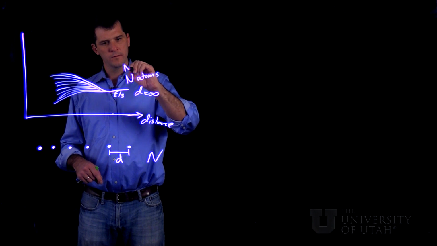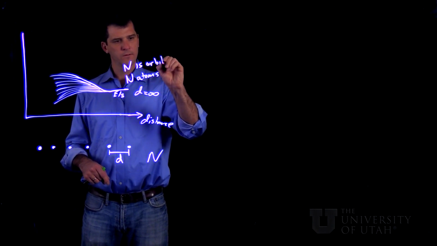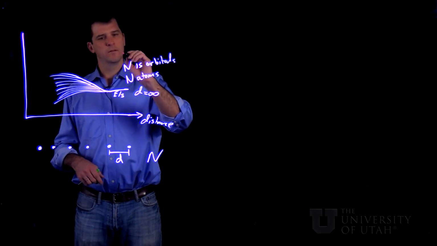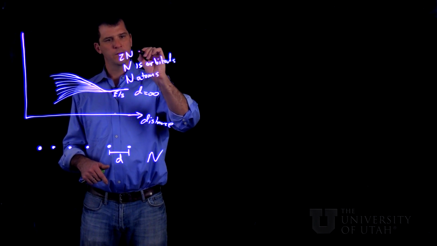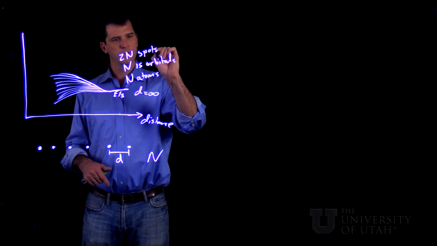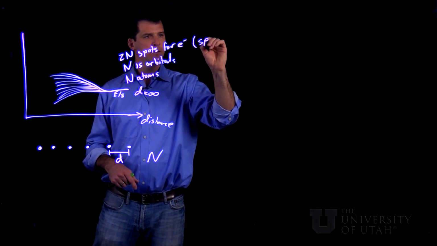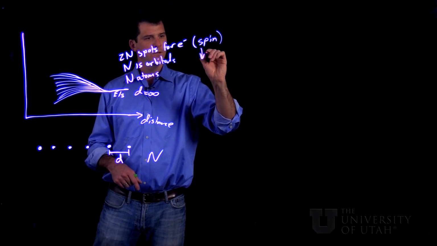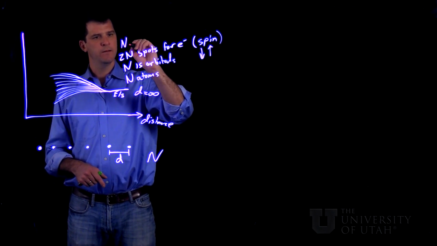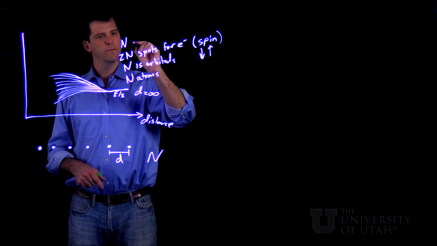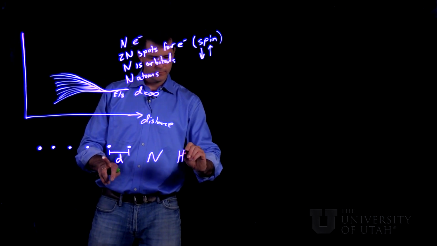We have n 1s orbitals. And we have 2n spots for electrons because of spin. We can put one as up or one as down. And we actually only have n electrons if we consider these to be hydrogen atoms.